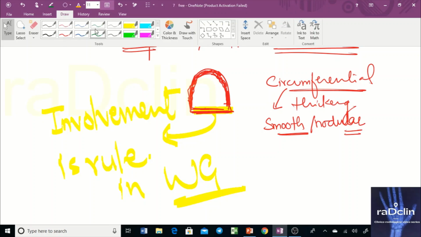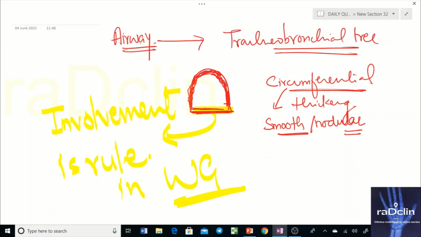We'll discuss this in tracheal disorders, where multiple disorders will be discussed. In the airway, Wegener's can cause this circumferential smooth or nodular thickening. But remember, the posterior tracheal membrane is not spared by Wegener's, and it is spared by other disorders, like relapsing polychondritis, and then tracheobronchopathia osteochondroplastica.